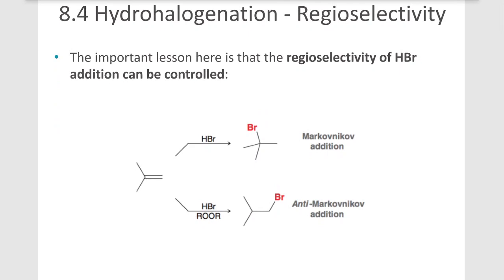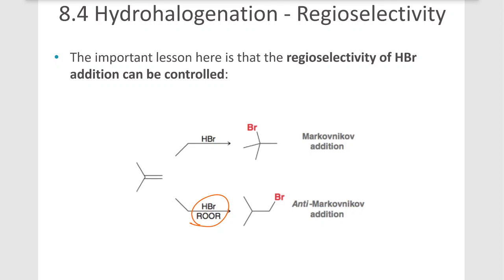So the important lesson here again is the regioselectivity of HBr addition, and this is just for HBr actually, with the peroxide. HCl and HI will add Markovnikov, but they don't add in the anti-Markovnikov reaction, and we will look at why that is in the chapter on radicals.